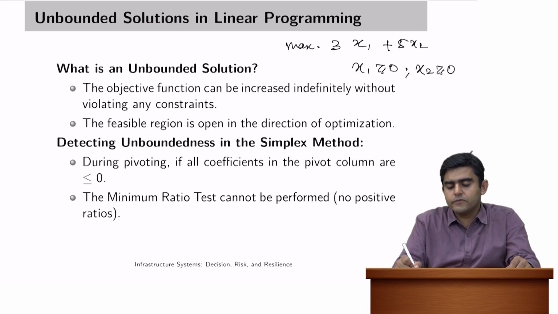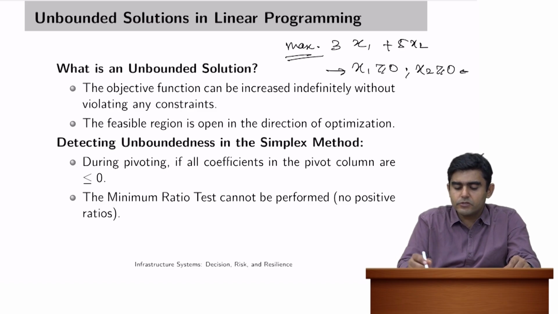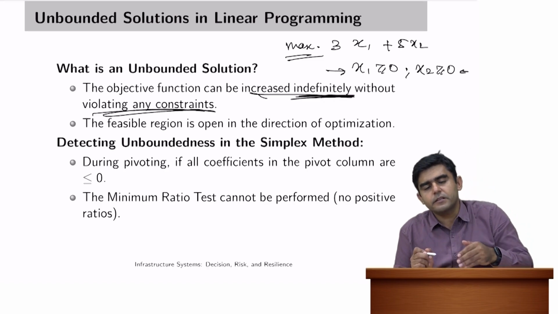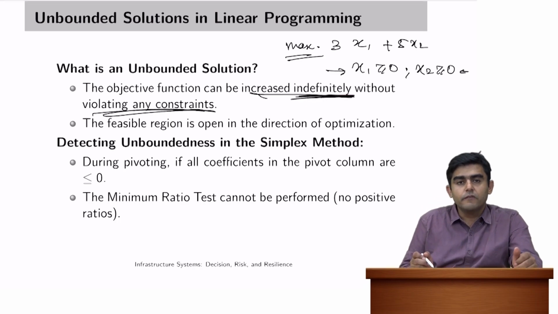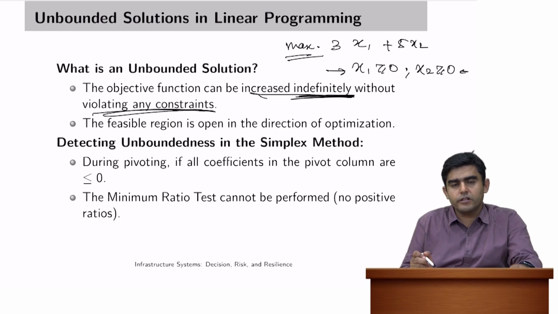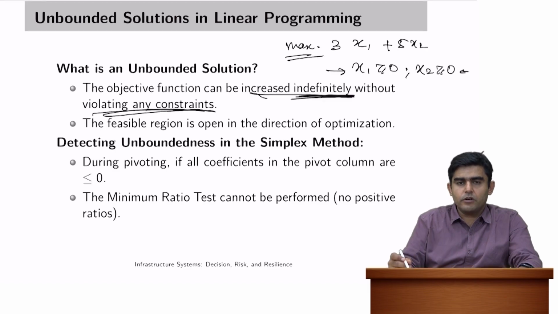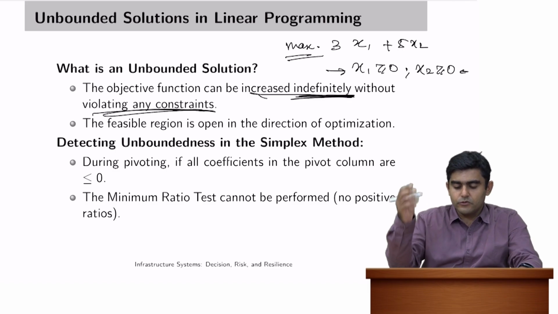Now it is very clear that if you make x1 infinite, nothing can stop you because there are no constraints limiting the value of x1, so your maximum value would come out to be infinity. In that case, we would say that your objective function can be increased indefinitely without violating any of the constraints. Now this is a very simple example where your constraints have been simplified only to positivity constraints. We may have other such situations also where constraints are listed, but they are not preventing your solution from scaling up all the way to infinity.